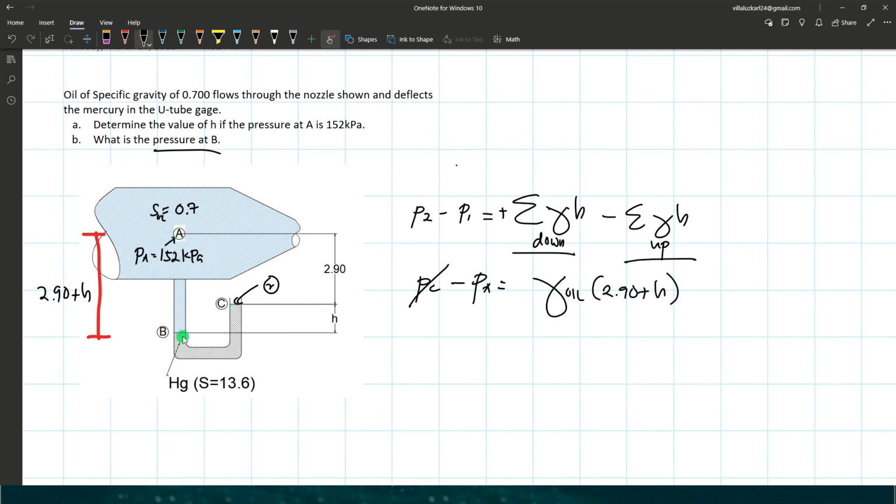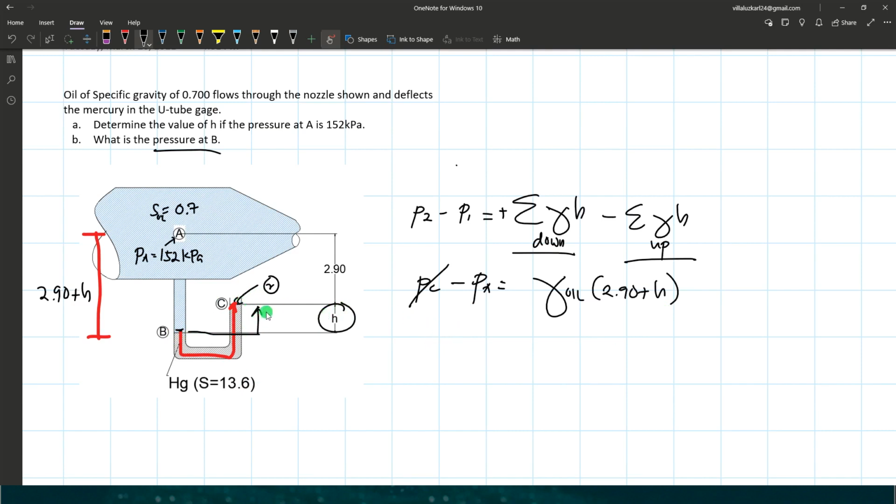From point A to point B, then from point B going to point C. From point B to point C, we have a difference in elevation from point B, the starting point of the mercury, and the end point of the mercury at point C. We just take the difference in elevation between the two, which is H. The direction here is upward.